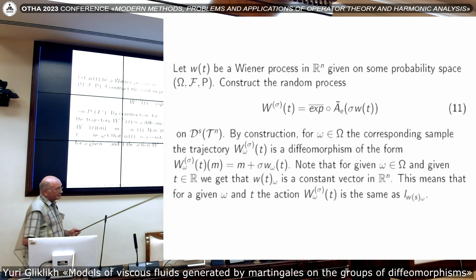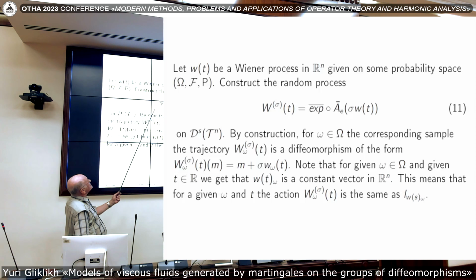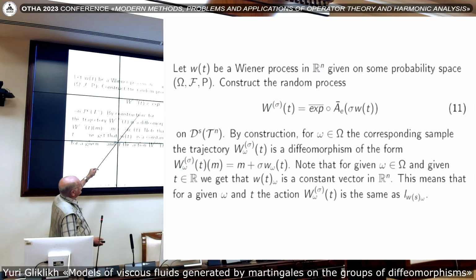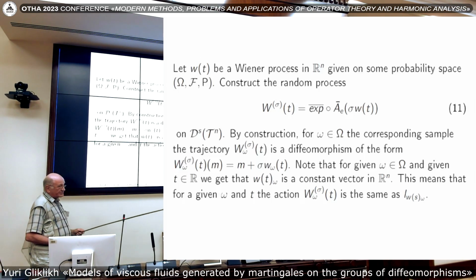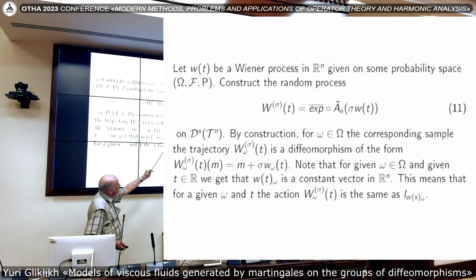Now we need a Wiener process on this group, and this Wiener process with coefficient sigma, a positive constant, is described by this formula. And it is a martingale, as well as W, this W on the torus.